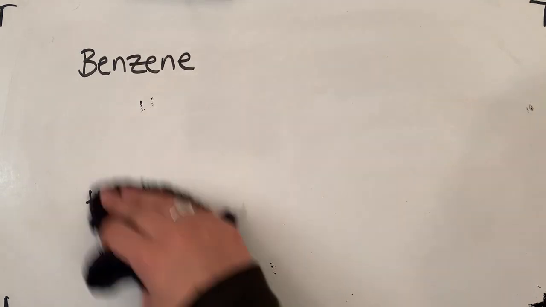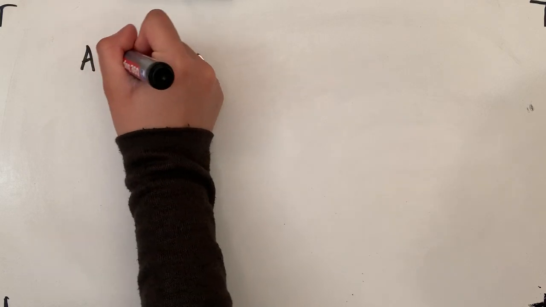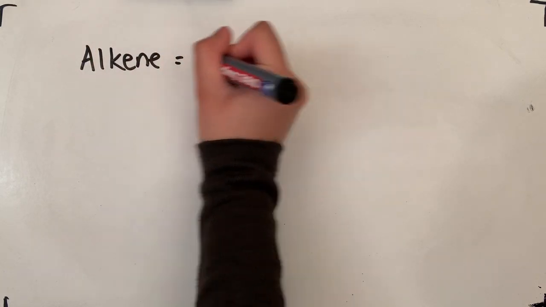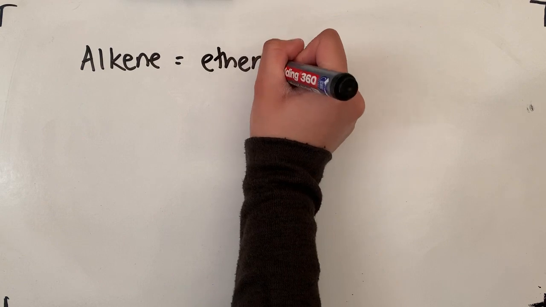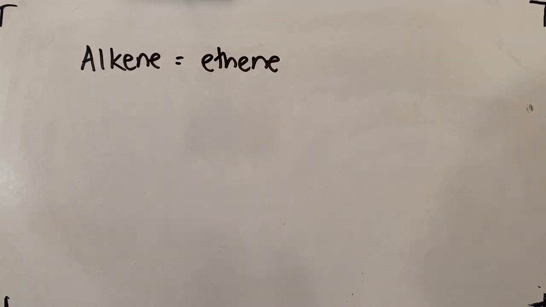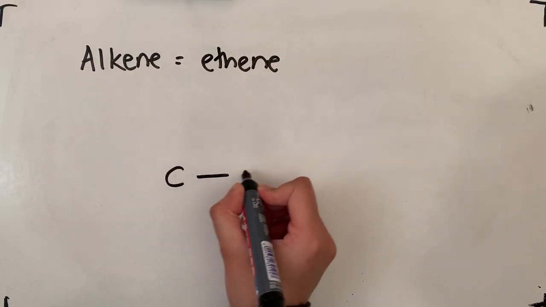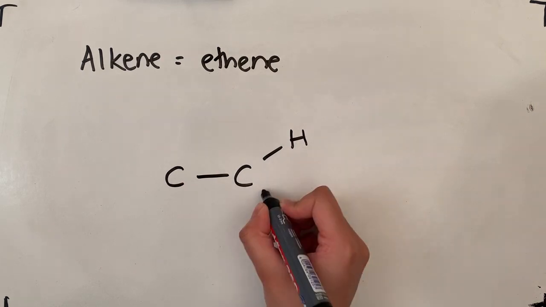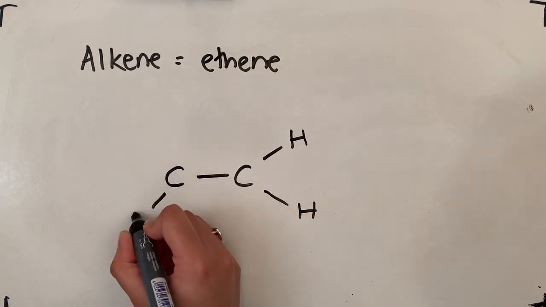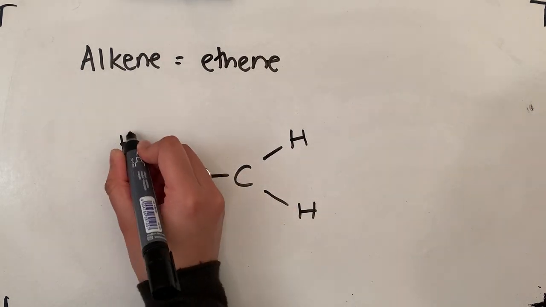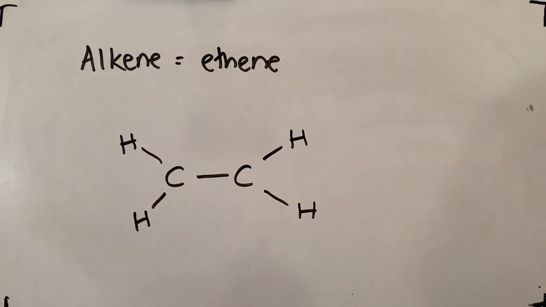So I'm just going to go for the simplest alkene, we'll just go for ethene. And again, let's just remind ourselves of the bonding in ethene. So we've got our carbons and our hydrogens all in the same plane in ethene.